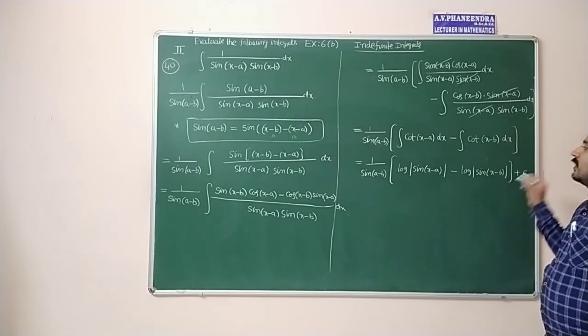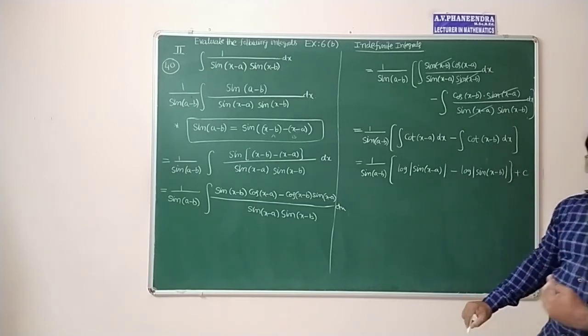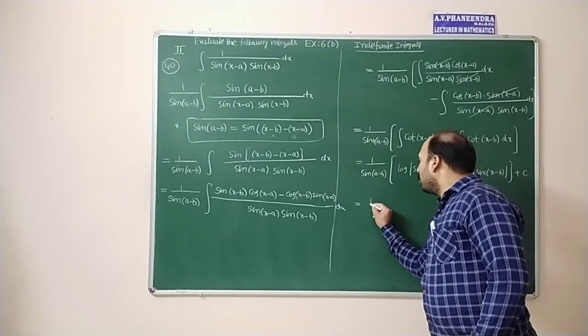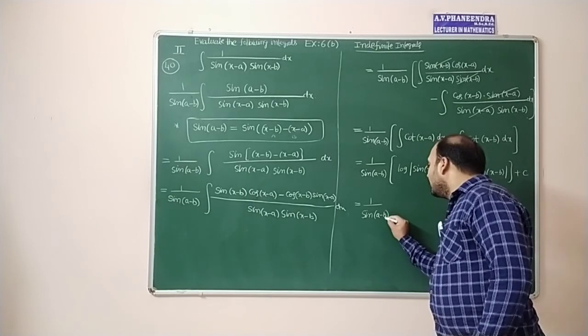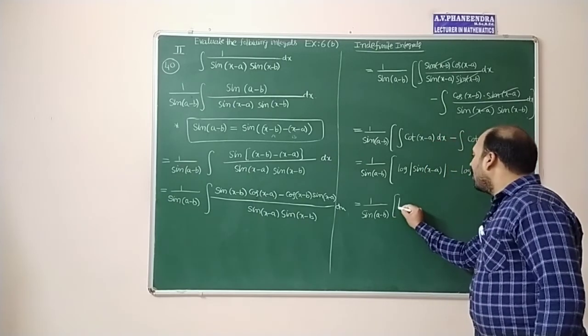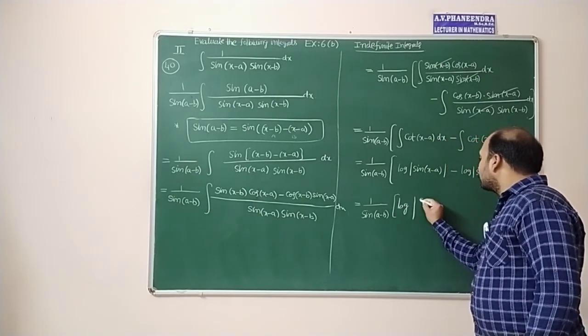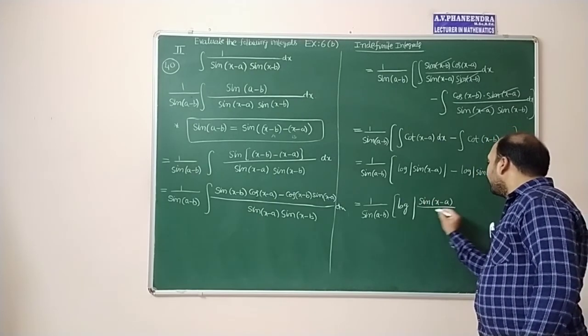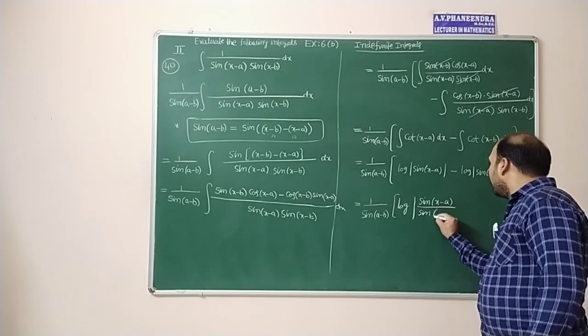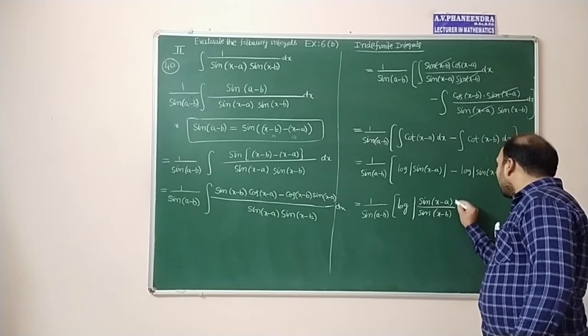Plus c. Log a minus log b is log a by b, which is equal to 1 by sin of a minus b into log mod sin of x minus a whole divided by sin of x minus b, plus c.